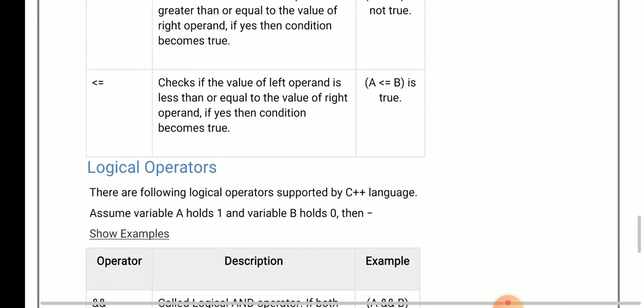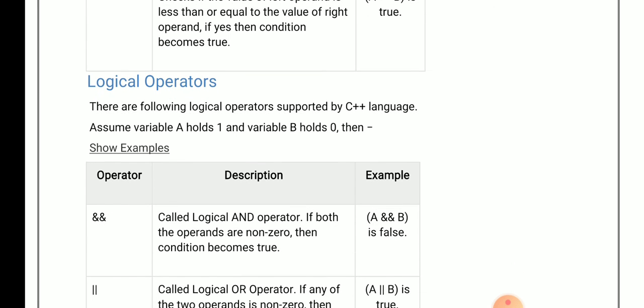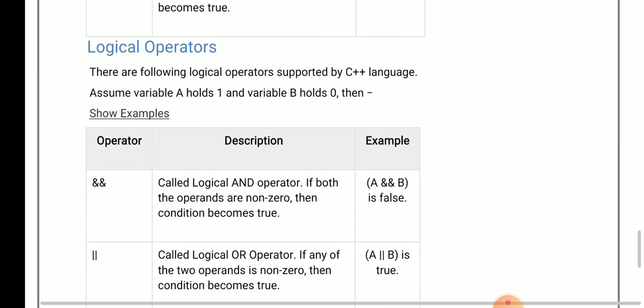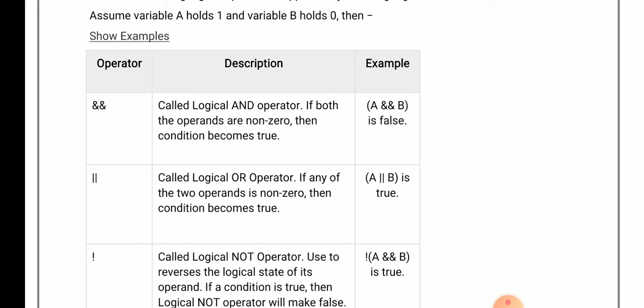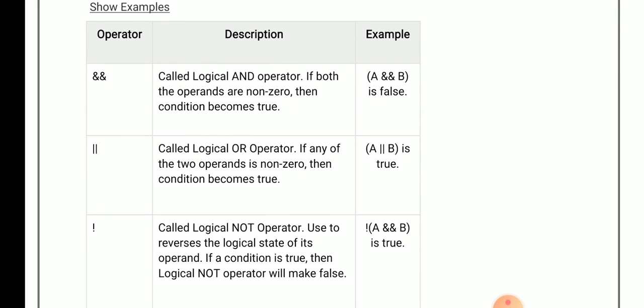Then dear students, we have another type of operator, the logical operators, which are used to perform logical operations. So what are the basic logical operations that we are using? Logical AND, logical OR, and then the NOT operator. So dear students, what happens in the logical AND operator?